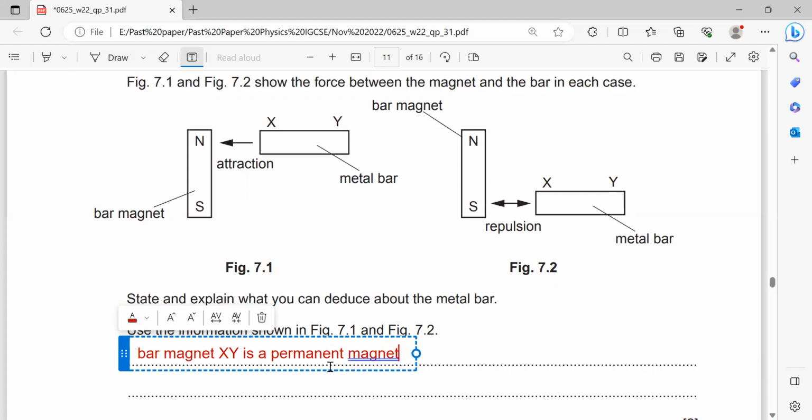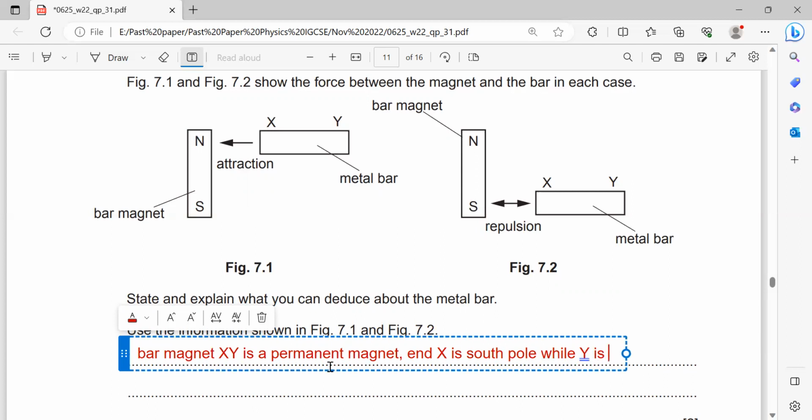And then X is the south pole, while Y is the north pole. Okay, next.